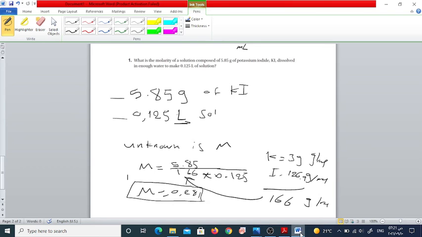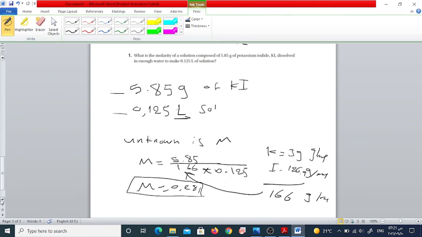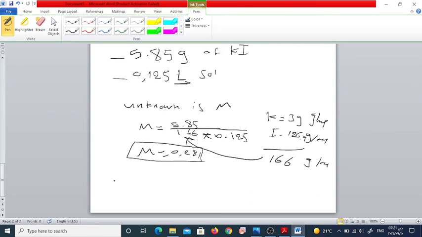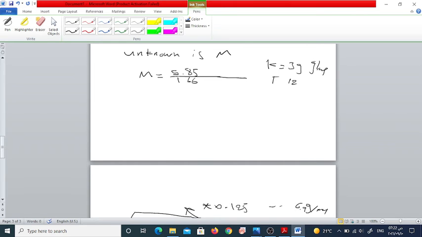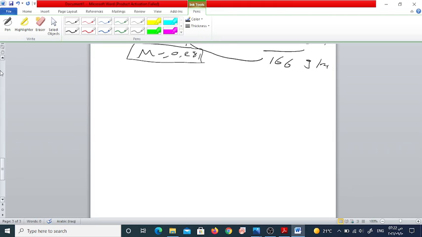Let's do it here. Like molarity, we can say molality equals moles of solute divided by kilogram of solvent.